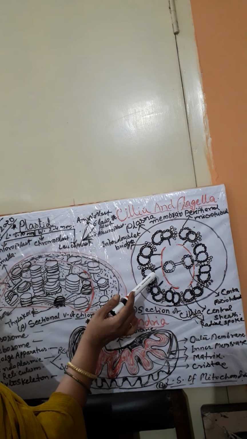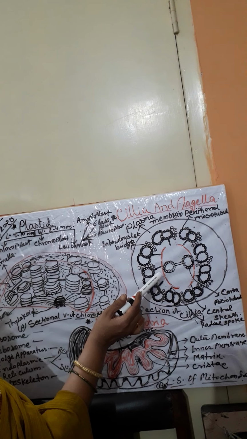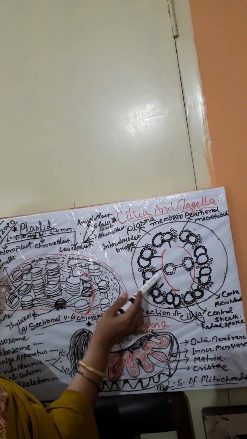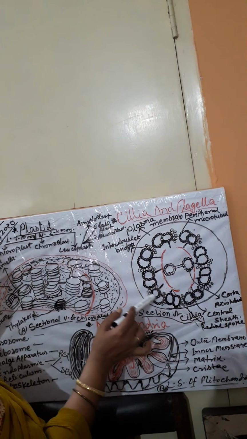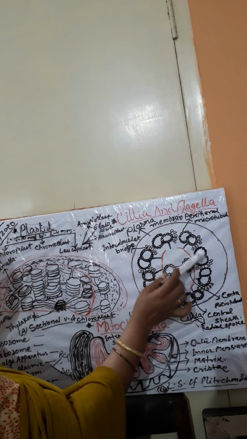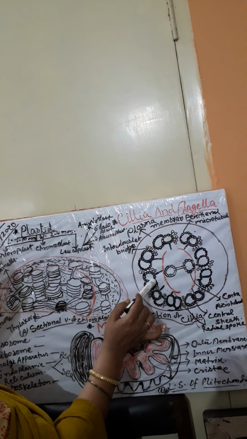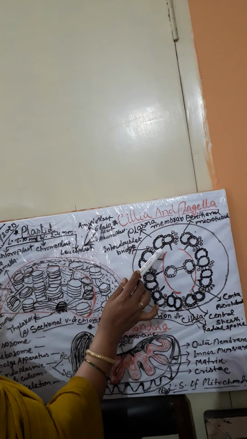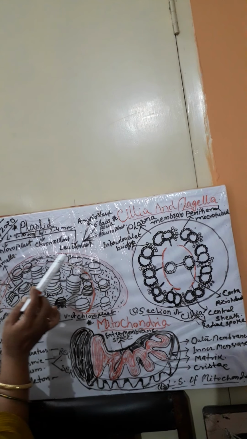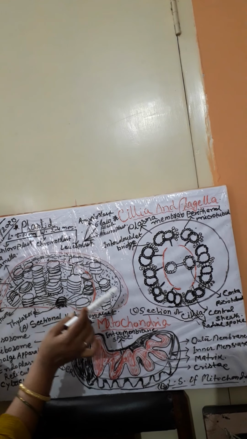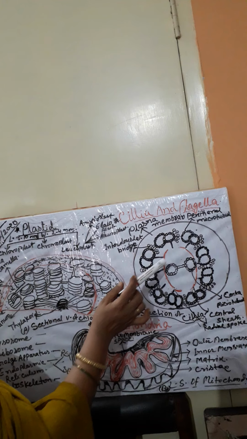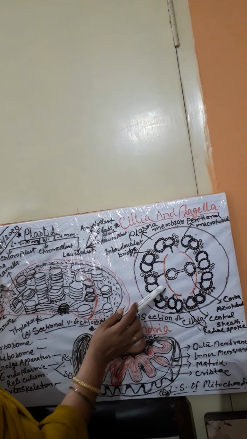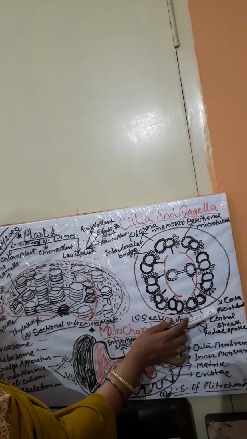The axoneme usually has nine pairs of doublets. You count them: 1, 2, 3, 4, 5, 6, 7, 8 and 9. So these are nine in number, present as radially arranged peripheral doublet microtubules and a pair of centrally located microtubules.